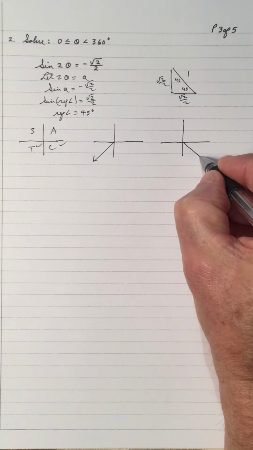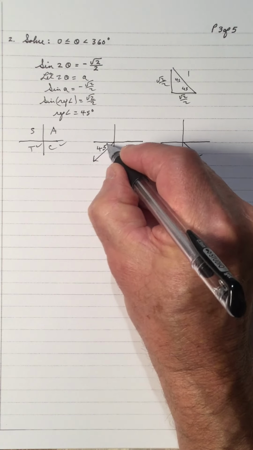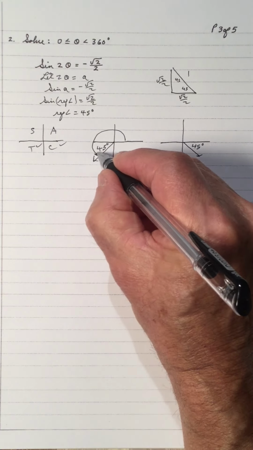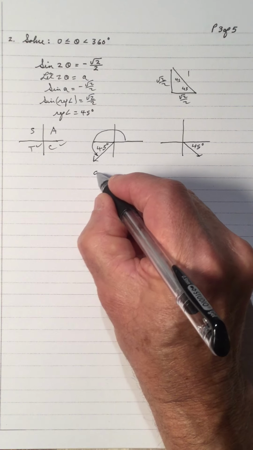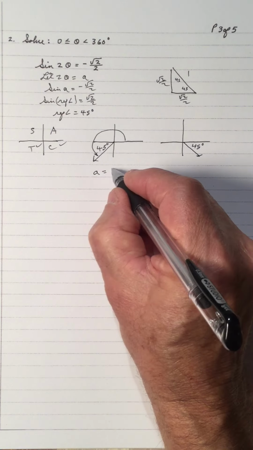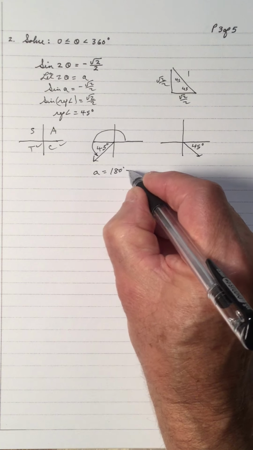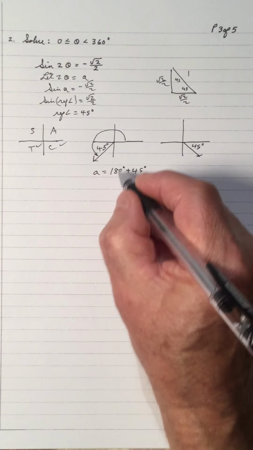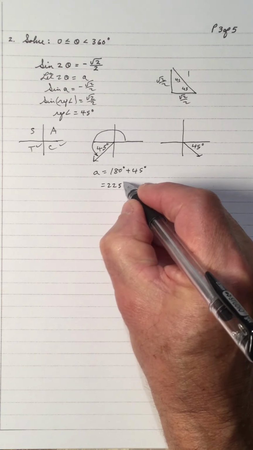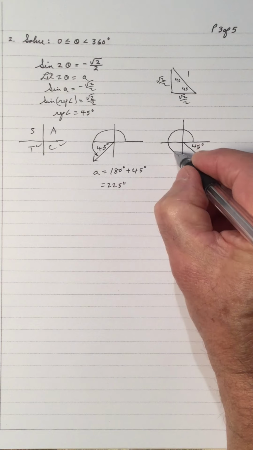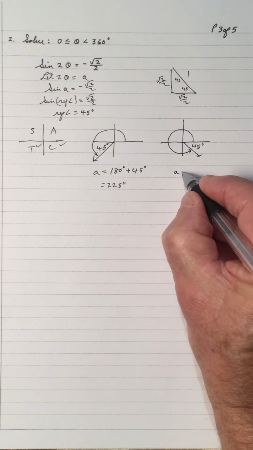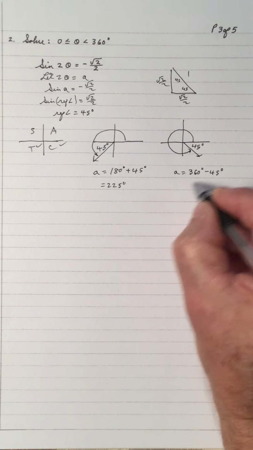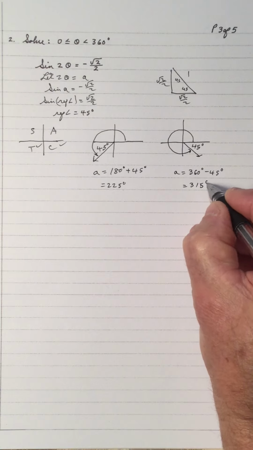The reference angle is 45, so rotating to here, A is 180 plus 45, which is 225. And a rotation to the fourth quadrant, all the way around, A is 360 minus the reference of 45, so that's 315.